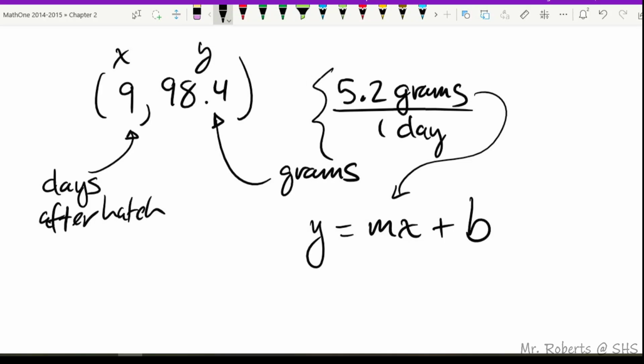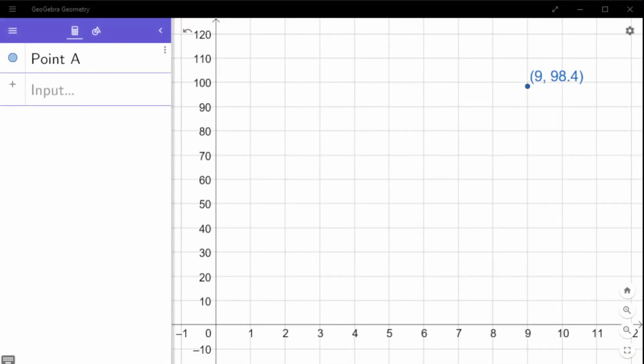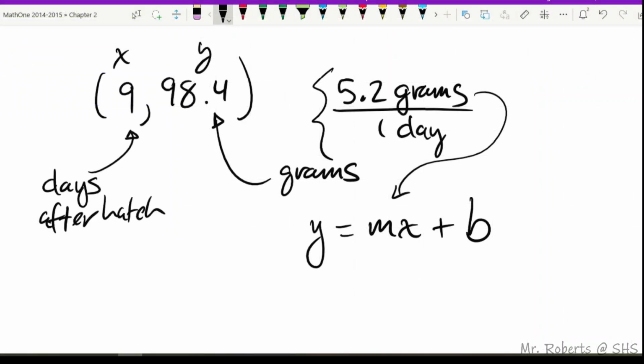In other words, I'm graphing a line with a slope of 5.2 that goes through the point (9, 98.4). So I know a y value, and I can place it here.